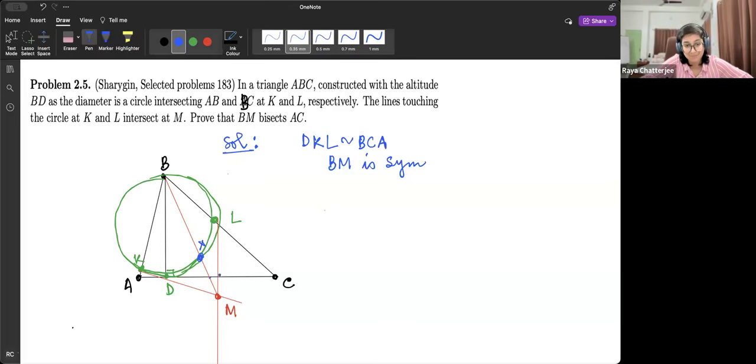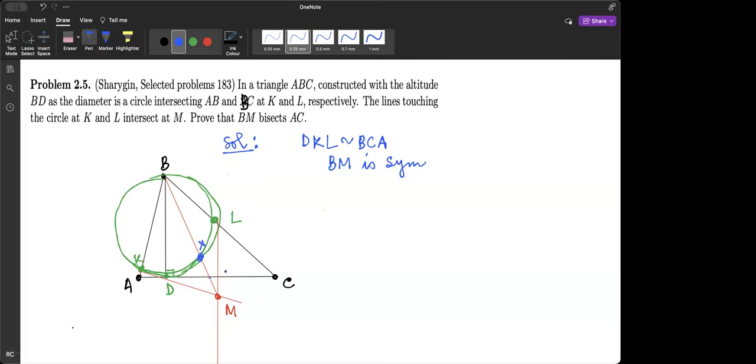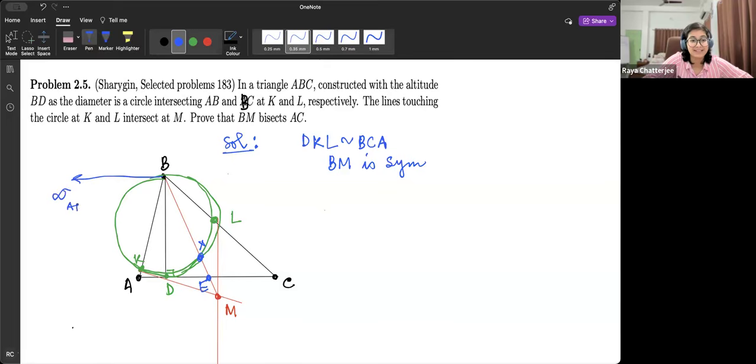So we get that AC, the intersection point of BM and AC, and the point at infinity is a harmonic bundle. So E is the midpoint. Perfect. Yeah, that's exactly what I wanted the solution to be. So this is the synthetic solution.